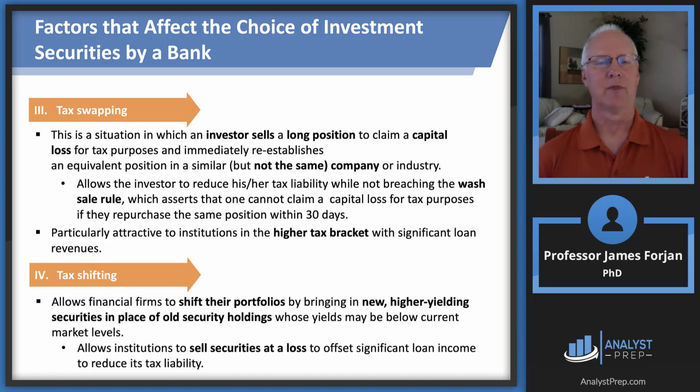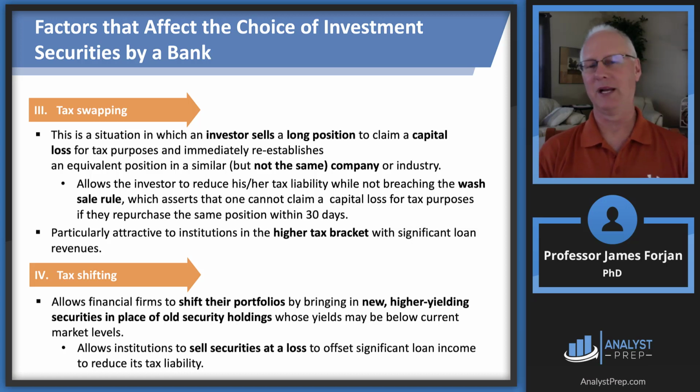How about tax swapping? This is an innovation in which a financial institution or any kind of an investor bought high and sold low. All right, so what they do is they go ahead and execute that trade, selling that long position, and so they'll have a capital loss. So they take the proceeds of that and invest in some other company that, boy, looks an awful lot like that first company, right?